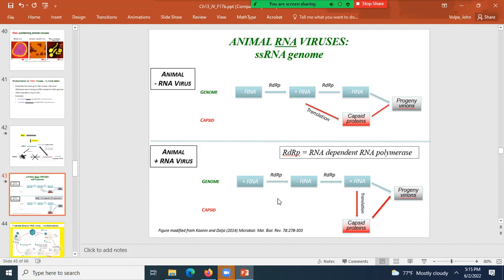All right, so if we have a positive strand RNA genome, which is actually shown here, sorry, I should have started up there. We replicate that by making the negative strand. Let me blow this up.